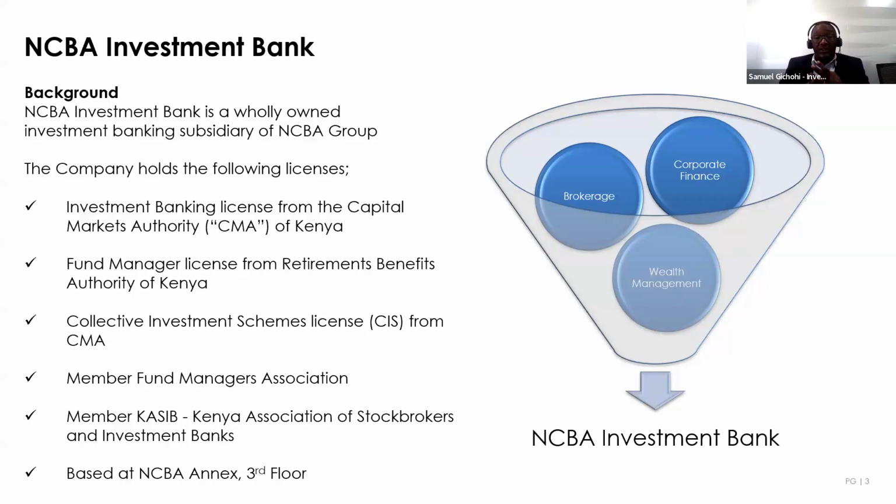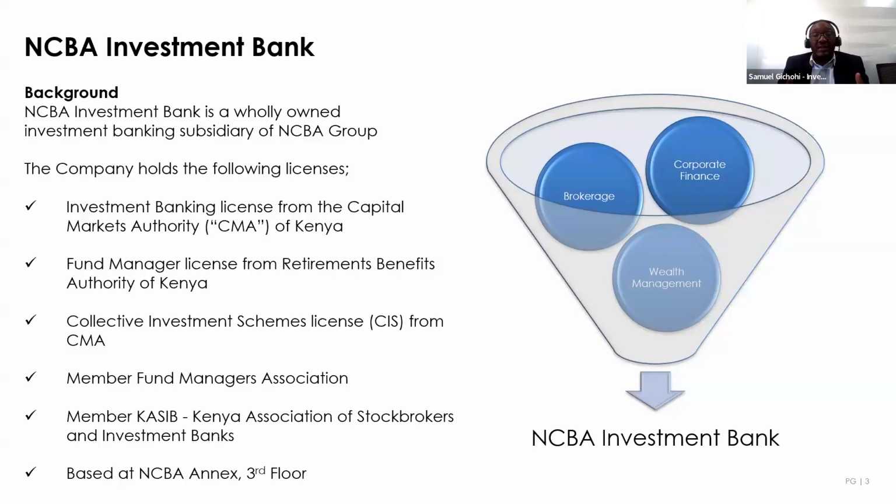As an investment bank, we are also a member of Kenya Association of Stockbrokers and Investment Banks, which is the umbrella body that deals with issues to do with investment banking in Kenya. The third arm that we have at NCBA Investment Bank is brokerage, and that is where we are coming from in organizing this, because we are a placement agent for the Kenya Pipeline IPO.